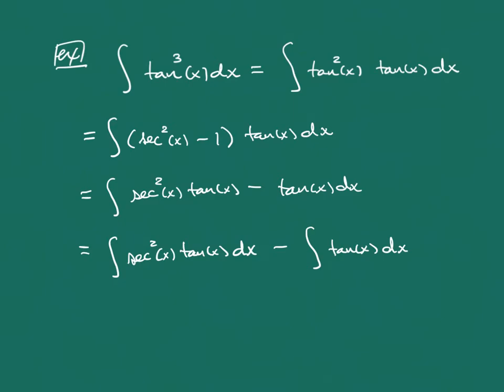So for this first one, we are back in that case where we've got an odd power of tangent, but now we do have powers of secant that we can also borrow. So in this case, we can form our secant of x, tangent of x, dx to become our du.